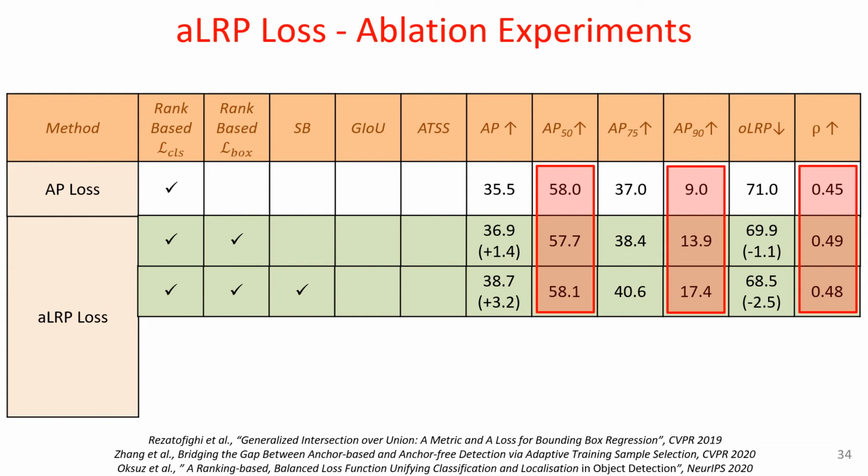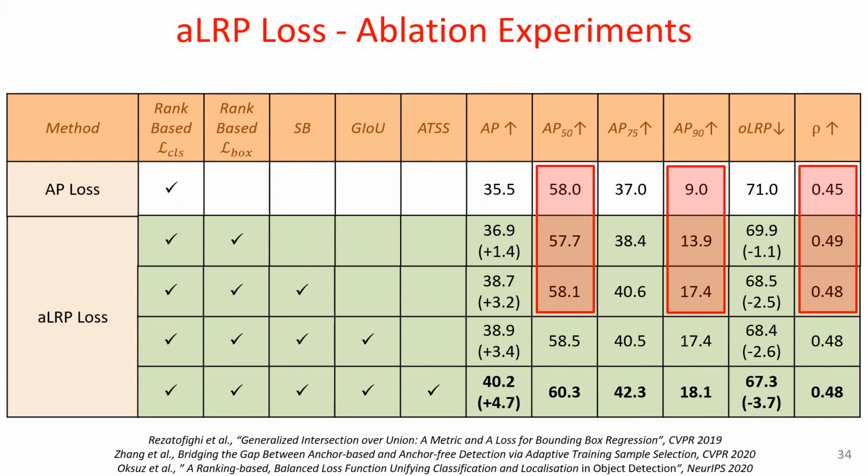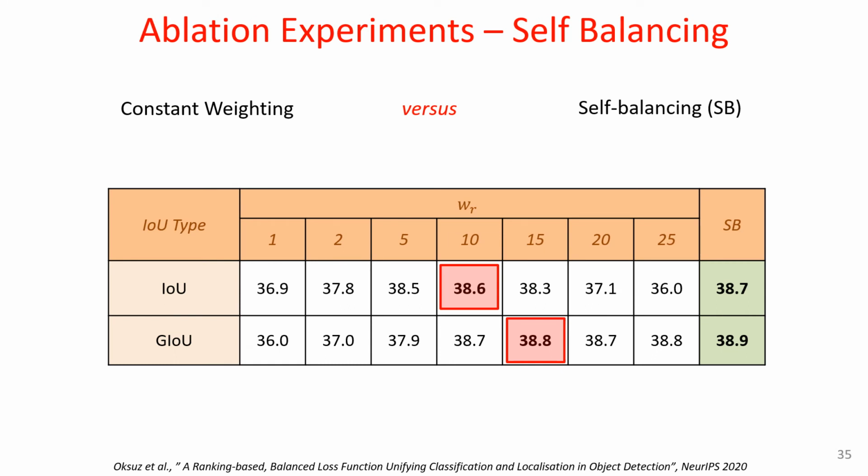In order to increase the model performance and decrease training time, using generalized intersection over union and adaptive training sample selection contribute around 5 points improvement over AP loss. Comparing the self-balancing mechanism with constant weighting shows that self-balance without any additional hyperparameter yields similar performance with constant weighting, which ends up with different scalars for IoU and GIoU.